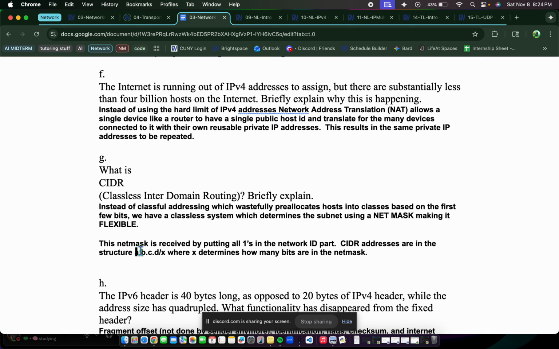So you'll see the structure as A.B.C.D/X. Sometimes this will be 24, 23, 25, somewhere in that range. That's just saying that the first X bits are going to be for your net mask. This is helpful for later questions because you'll see it in this format and you'll be like, oh look, the first X bits are going to be our subnet.